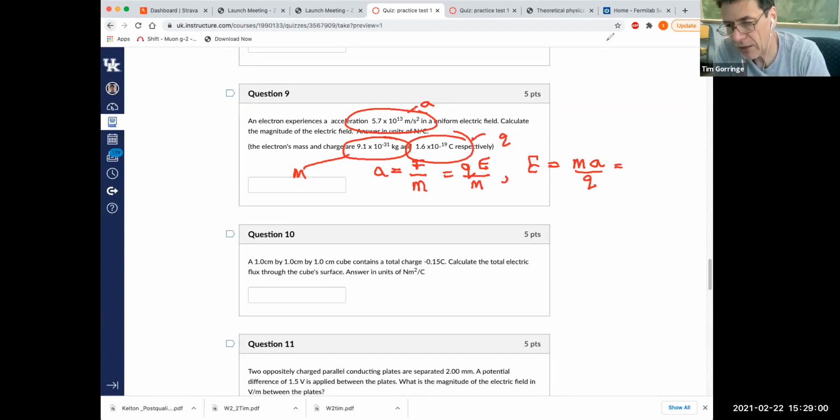If I do the calculation, the result that I got by plugging in the mass, the acceleration, and the charge was 324 newtons per coulomb, or volts per meter. That's the size, that's the magnitude of the electrical field.